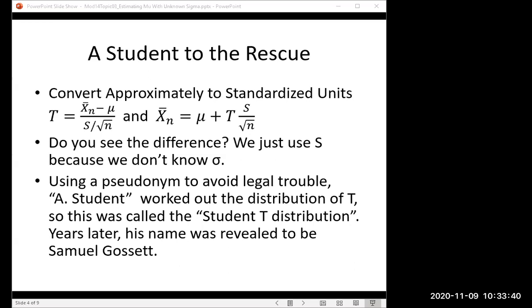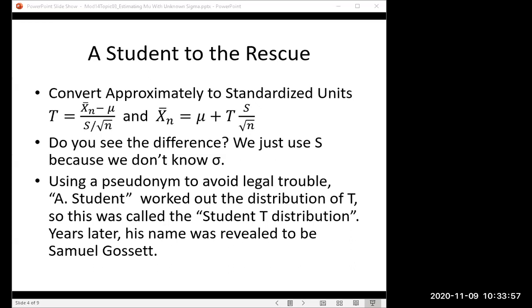And so a person who was working for a beer manufacturing company had signed a non-disclosure agreement not to reveal anything about the process of making the beer.